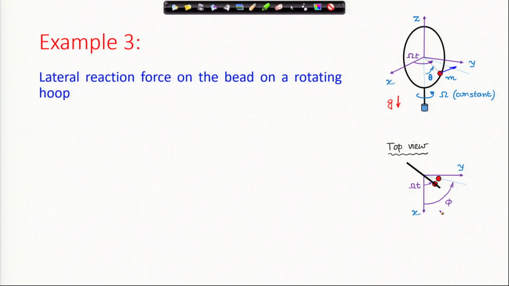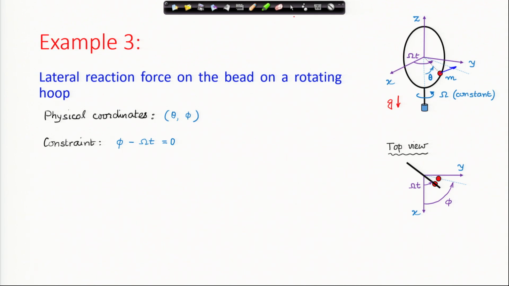I also have a top view of this in order to show you how I break the constraint. I consider these as my physical coordinates. Remember, we have to find out the lateral force.